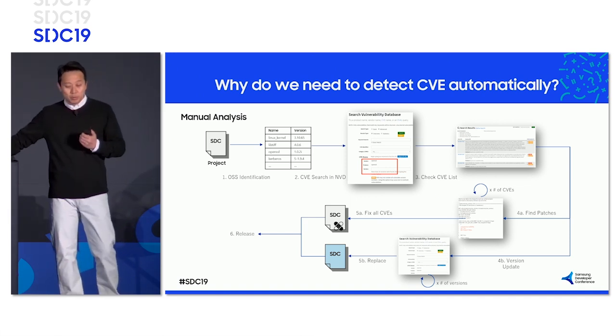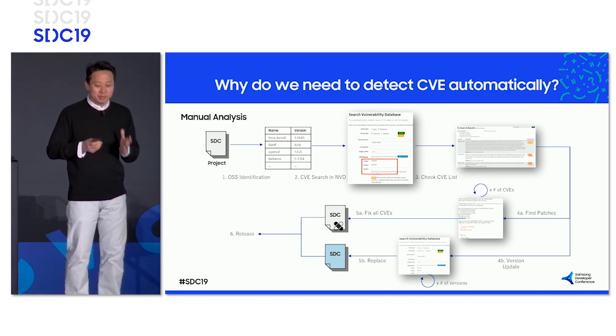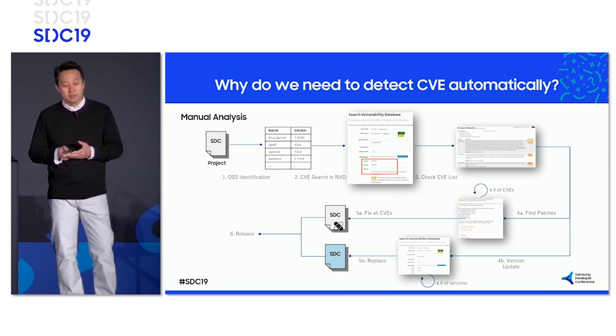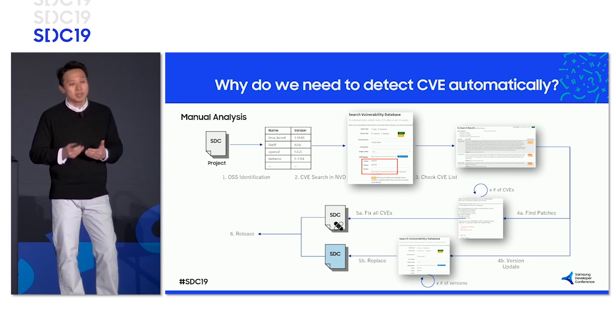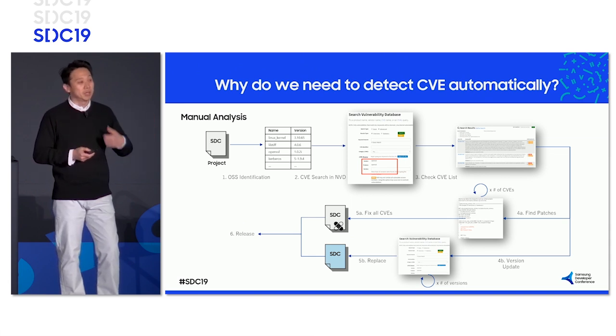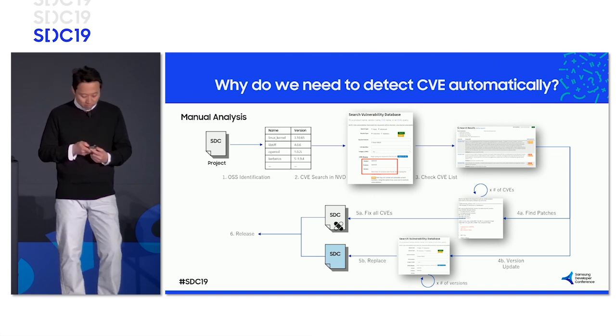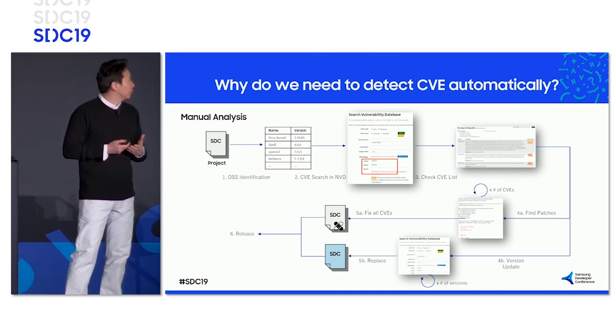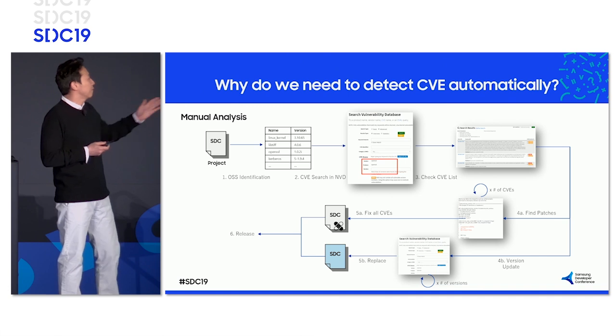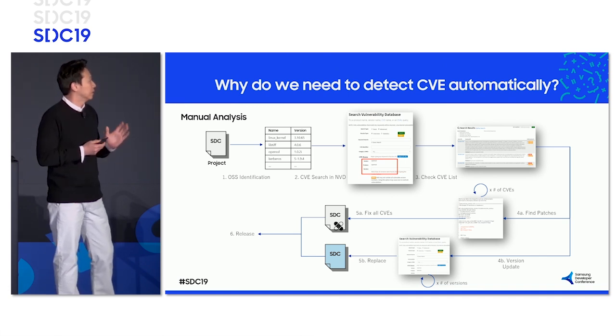But to support every developer like this, we need a lot of resources, and every developer has to summarize their open source and search and collect patch information. Additionally, this flow has some pain points.